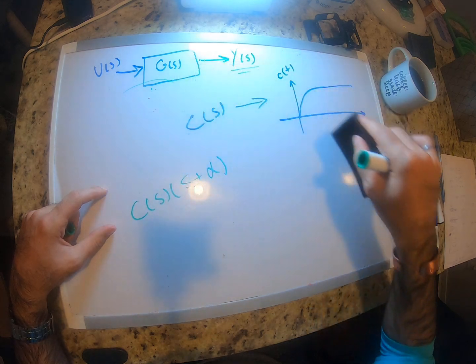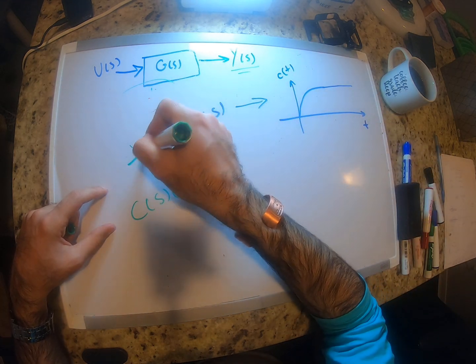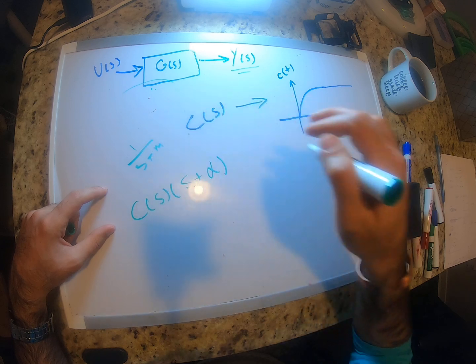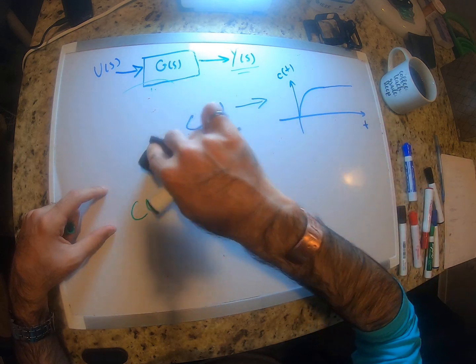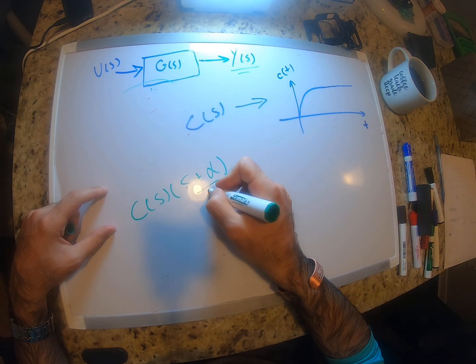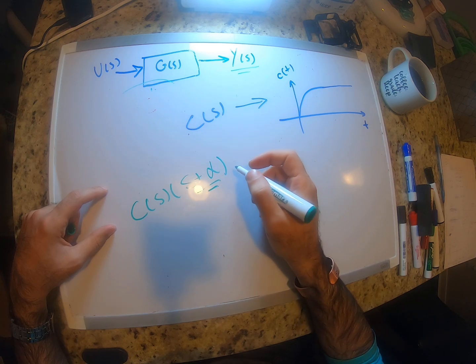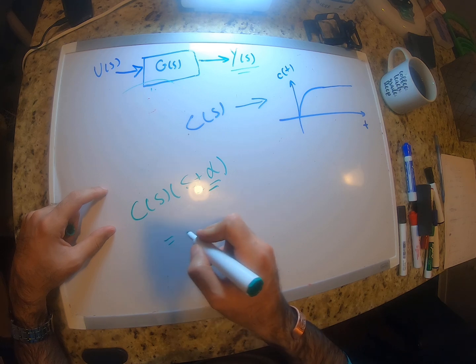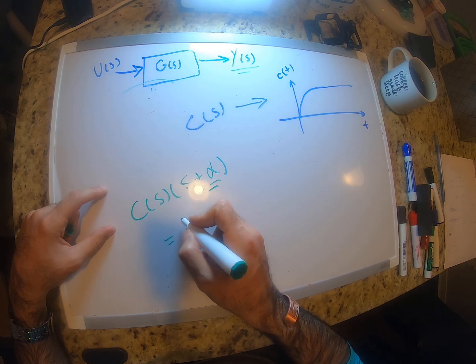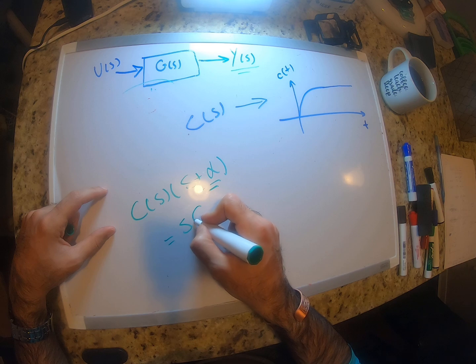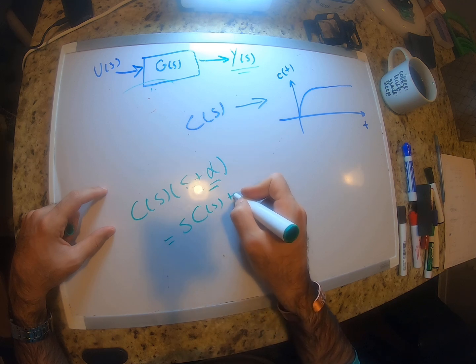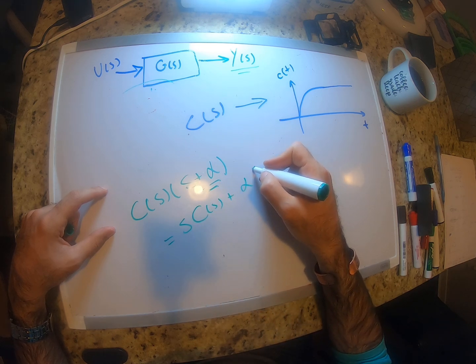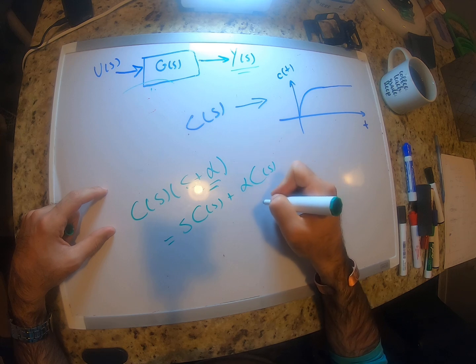But now we want to add a zero to the transfer function. So this basically means that our system is now going to be s times C of s plus alpha times C of s.